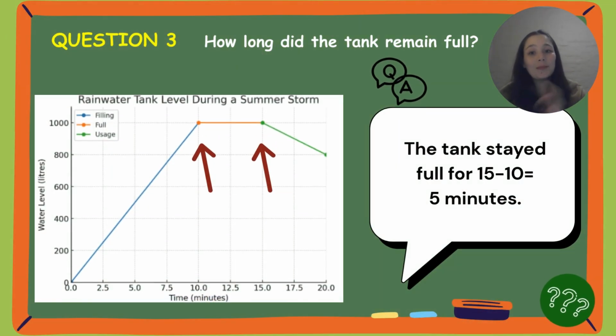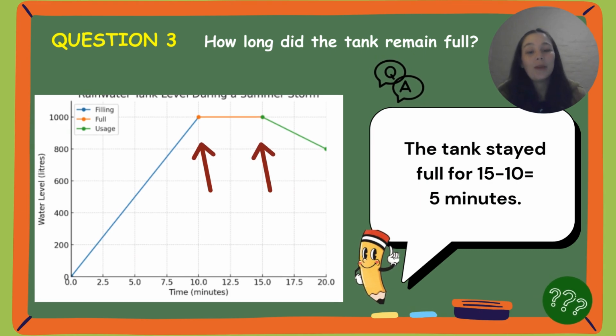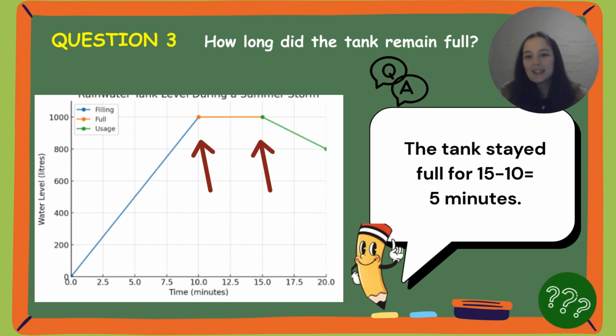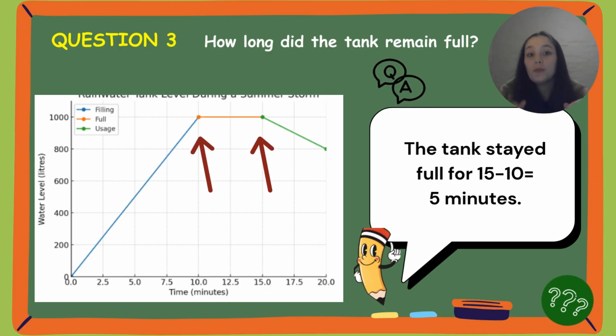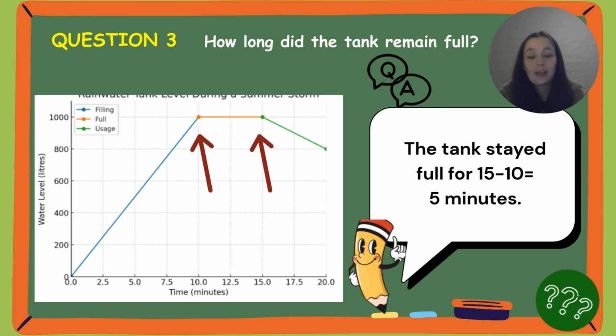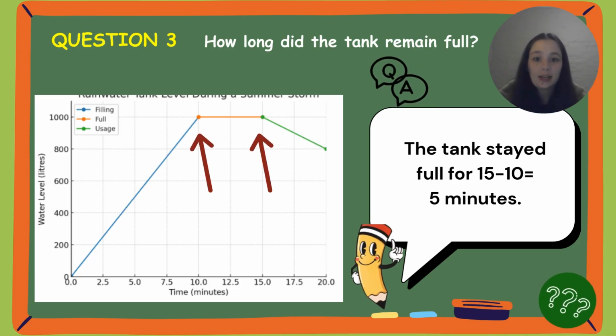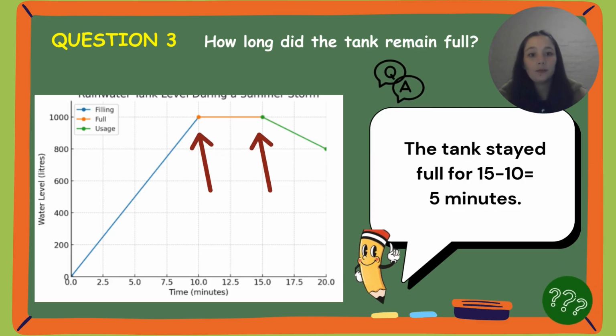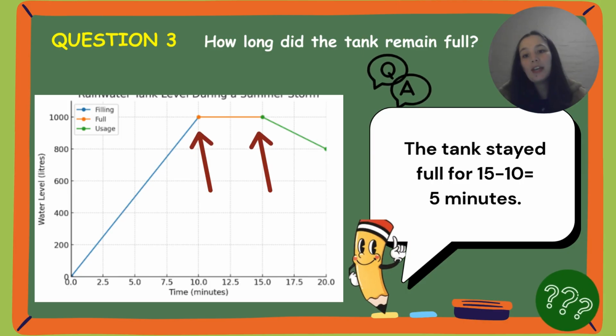Question 3. How long did the tank remain full? We can see that there was a stage where the tank remained constant for a few minutes. So we can calculate that by looking at the 15 and the 10. The tank stayed full for 15 minus 10 minutes, which equals 5 minutes.